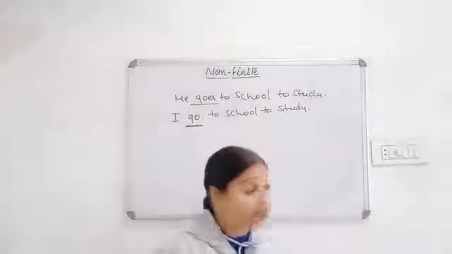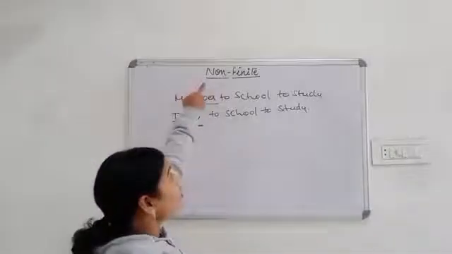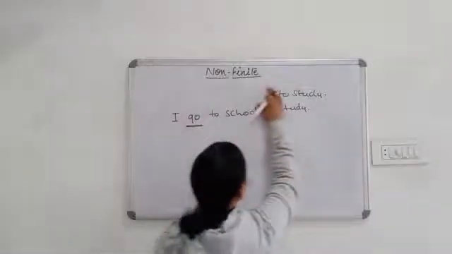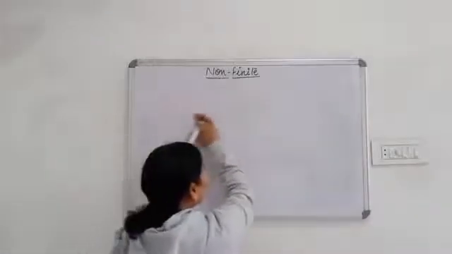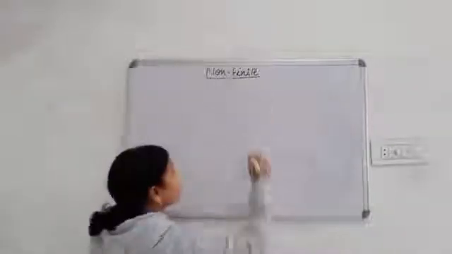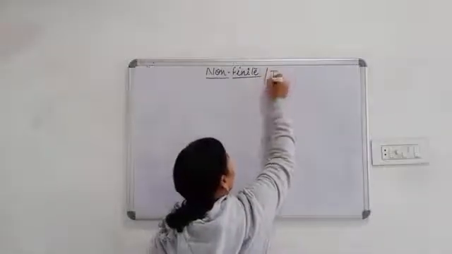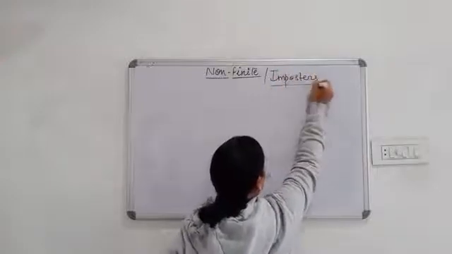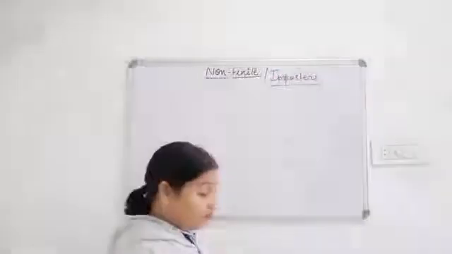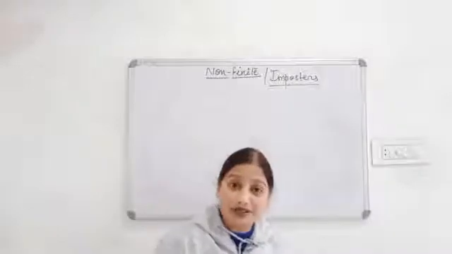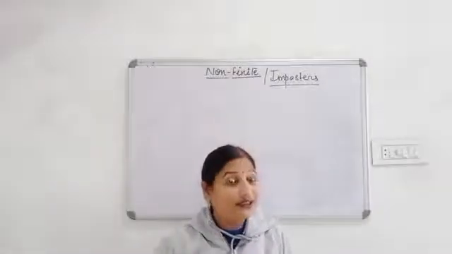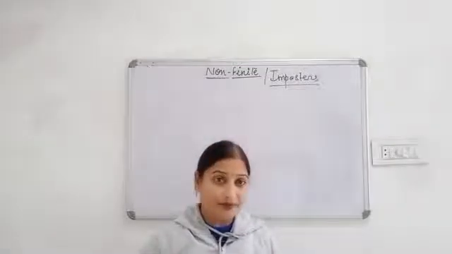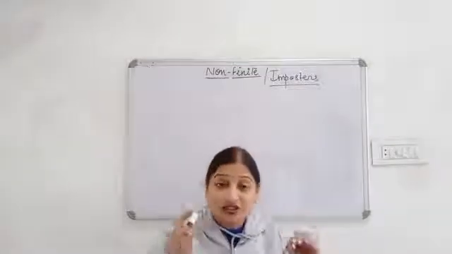And in today's class, children, we will see about the non-finite verbs. Now these non-finite verbs are also called imposters. The meaning of imposter is a word that looks like a verb, but actually it is not a verb.